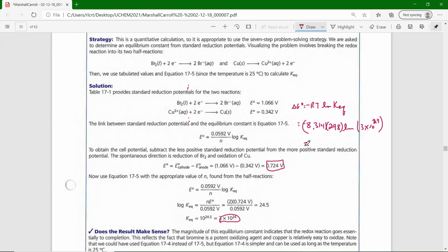So minus 8.314 times 298 times the natural log of 3 times 10 to the 24 gives minus 1.40 times 10 to the 5 joules. Sometimes they like these in kilojoules because they're big, minus 140 kilojoules approximately.